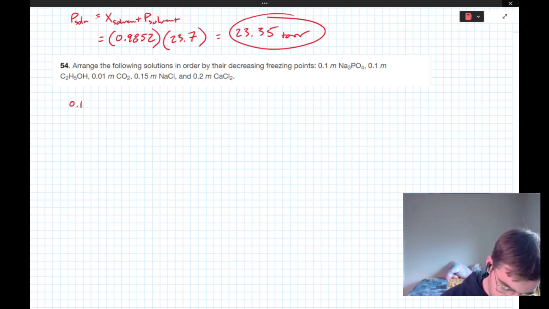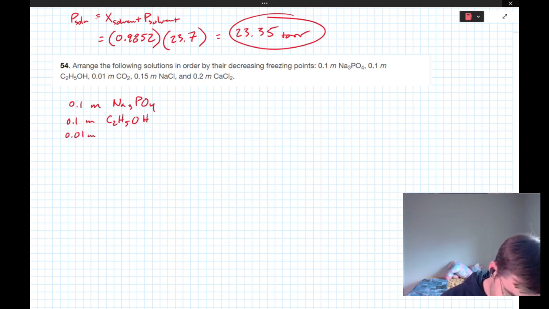So we have 0.1 moles of Na3PO4, 0.1 moles of C2H5OH, 0.01 moles of CO2, 0.15 moles of sodium chloride, and 0.2 moles of calcium chloride.